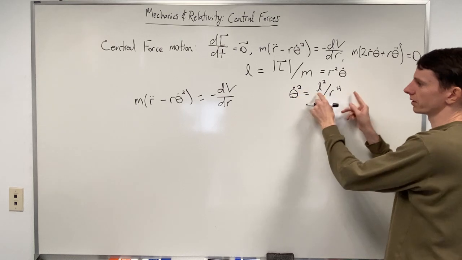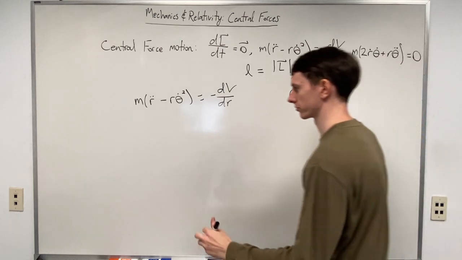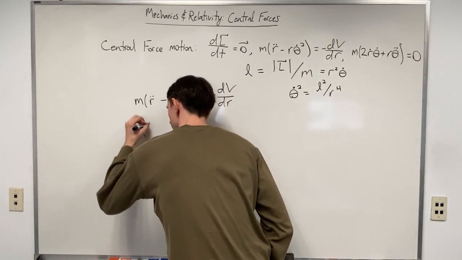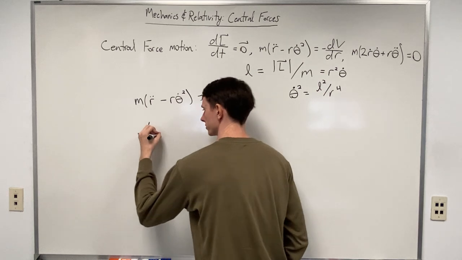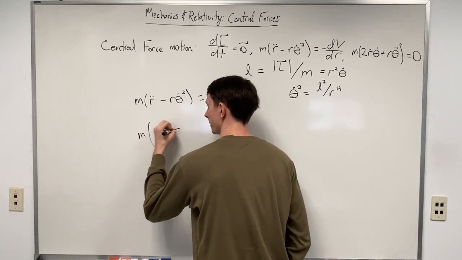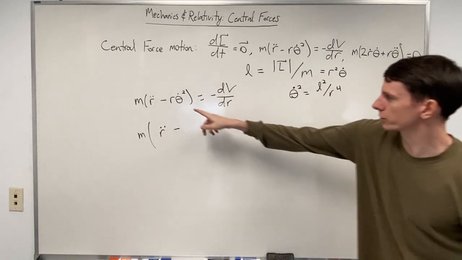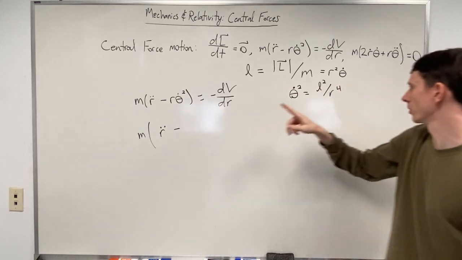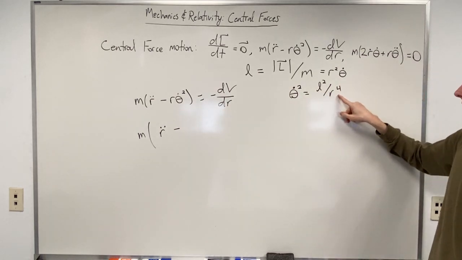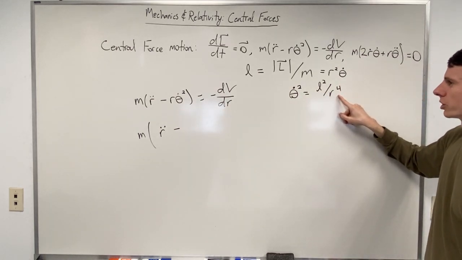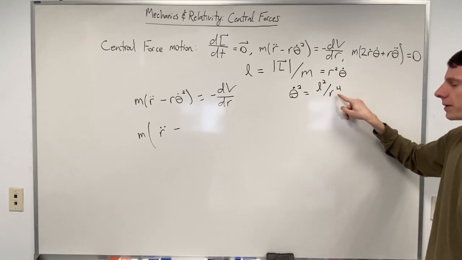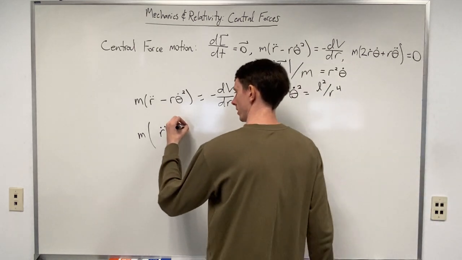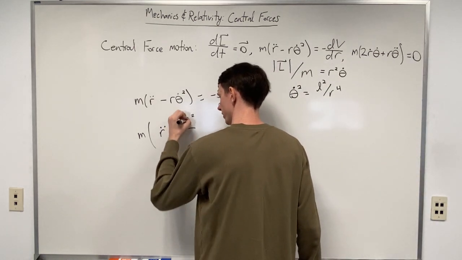So let's now plug this back into the radial differential equation. We're going to have m times r double dot minus, we have a factor of r here, and then a 1 over r to the fourth factor here. So this is really going to be L squared divided by r cubed in the fraction here.